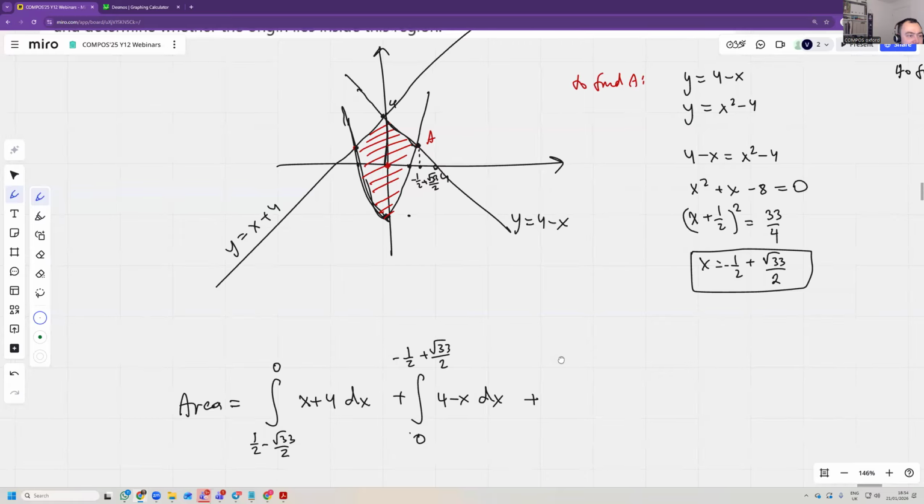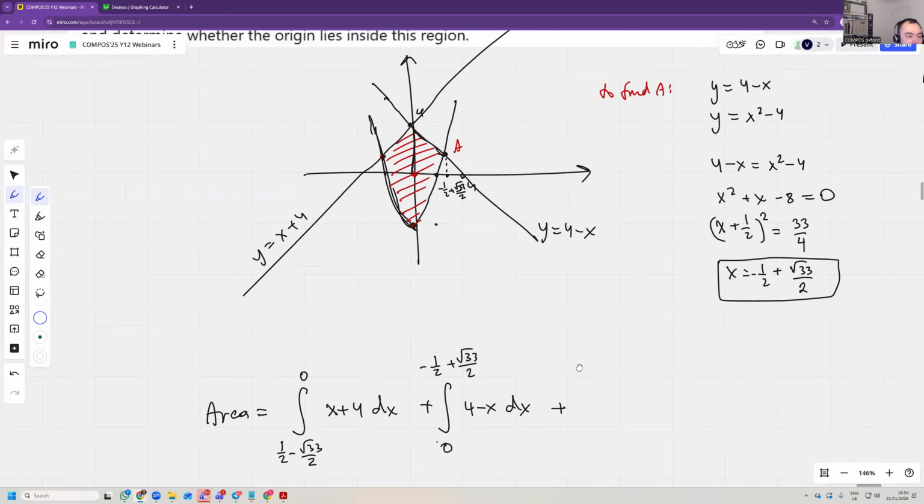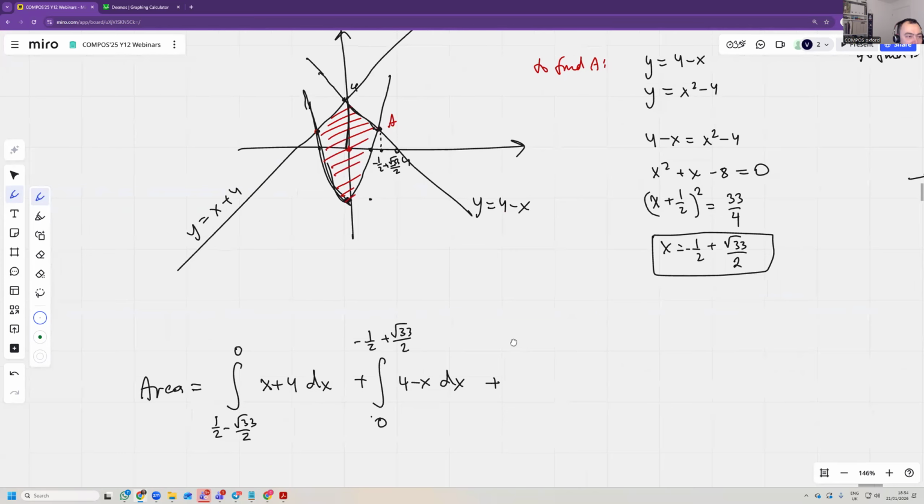We need the integral from this to 2. Basically, we have found this area, so now we need to subtract this area.